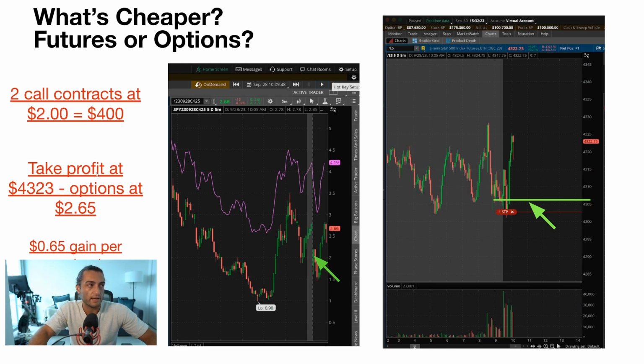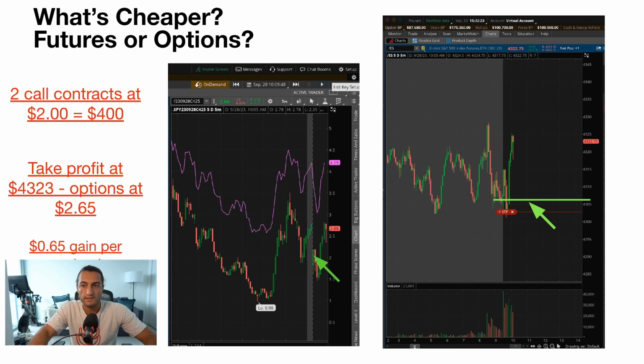And let's say we take profits at 43.23, which is where we took profits on the futures. You see this market bounced up a little bit, took profits at 43.23 and made our 15 points on the futures, which was $750. And in this case, the option contract, which you see here on the left, we bought it at $2. Now it went up to $2.65.